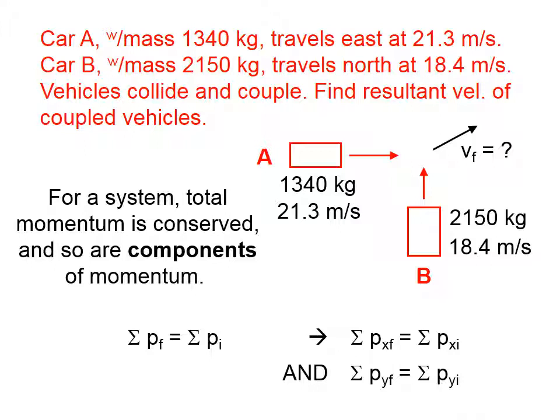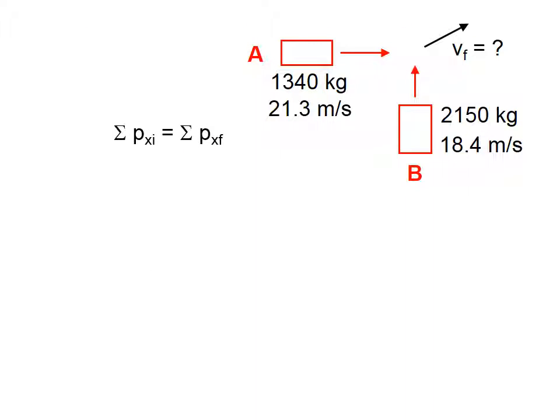Let's do the math. Let's first take care of the x momentum. If we look at this picture, in the x direction, which turns out to be east and west, the only thing before the collision that has x momentum is car A. Car B has 0 x momentum. At the end, these two cars are coupled together, which means they're stuck as a group, and they will have a combined mass.